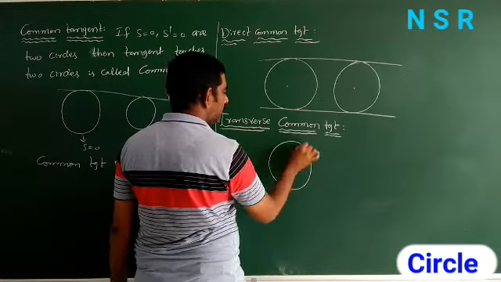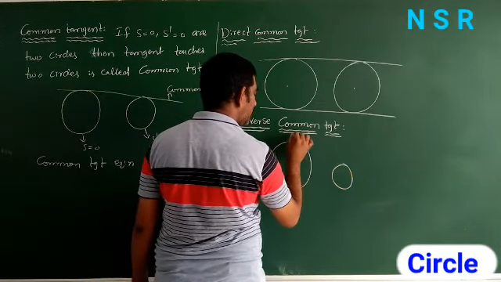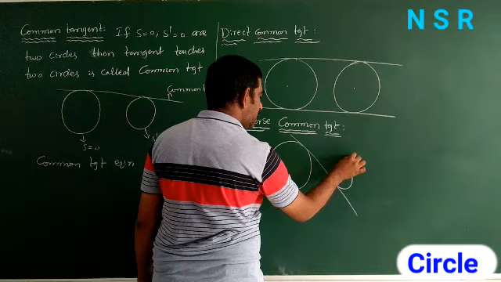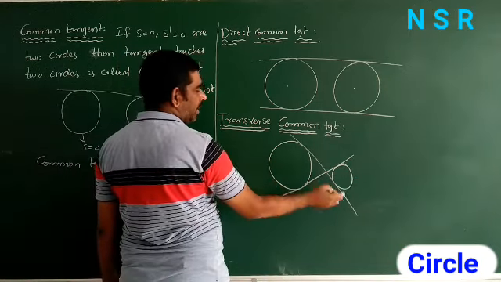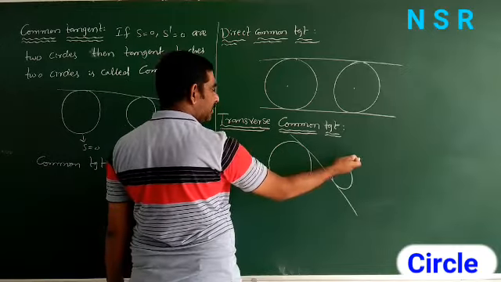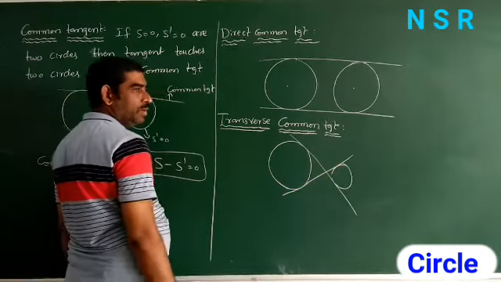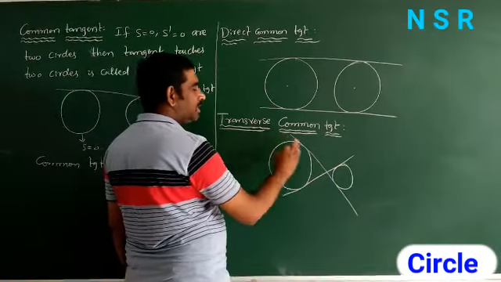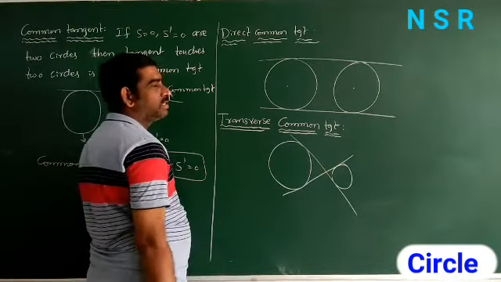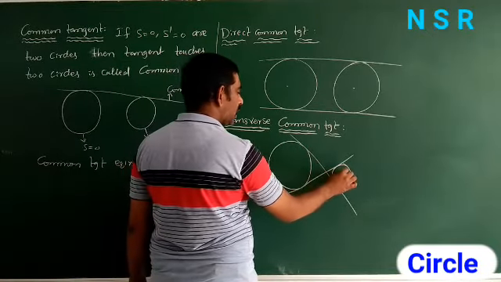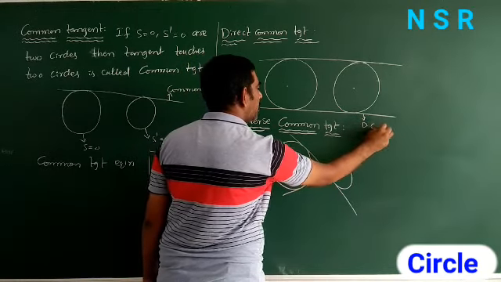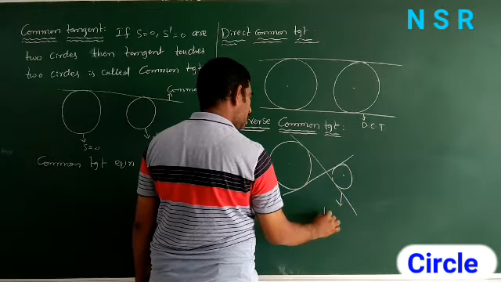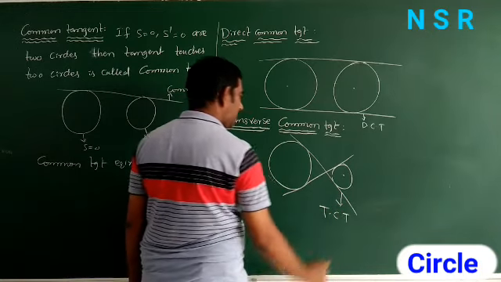Suppose this is S = 0, S' = 0. If the tangent touches the circles like this, one on the left and another on the right, and here also one on the left and right, then the tangent that touches the circles on different sides is called a transverse common tangent. So this is a direct common tangent and this one is a transverse common tangent.